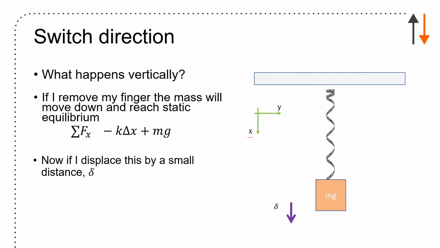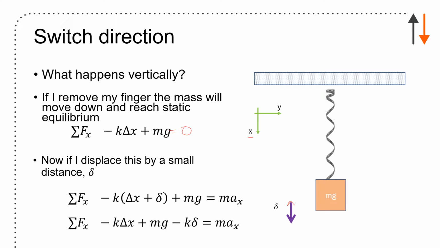After I do that, I can say the sum of forces in x is equal to minus k delta x plus mg equals 0. So that's my static equation. Now, if I displace this by a small distance, delta, either up or down, my equation becomes minus k (delta x plus delta) plus mg equals m a x.